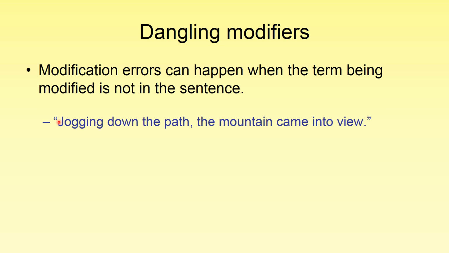We know that people jog down paths, so we would think that there's a person jogging down the path, but you'll notice that that person is not mentioned in this sentence. So often we will go to the next noun and will believe that this is the subject of the sentence. So is this mountain jogging down the path? We can actually read it that way. Jogging down the path, the mountain came into view. Quite humorous. This is what's known as a dangling modifier.